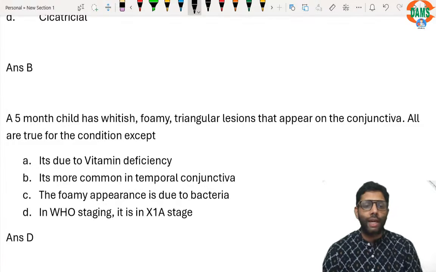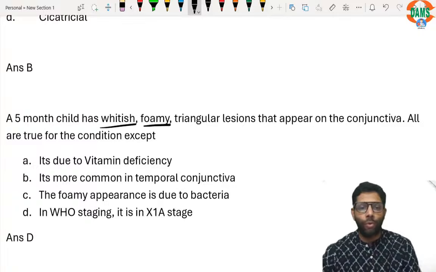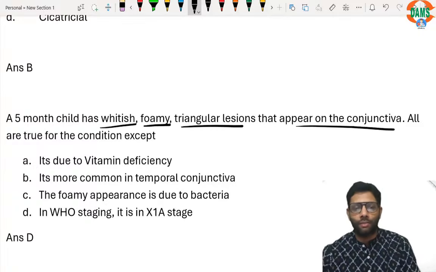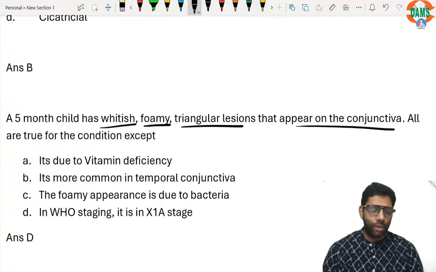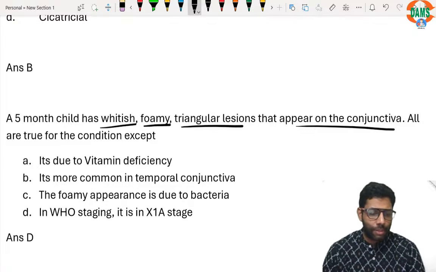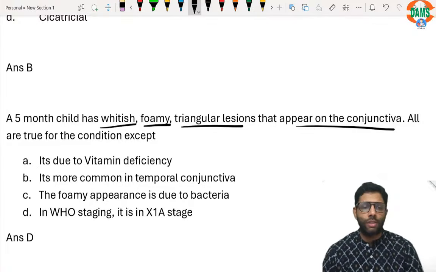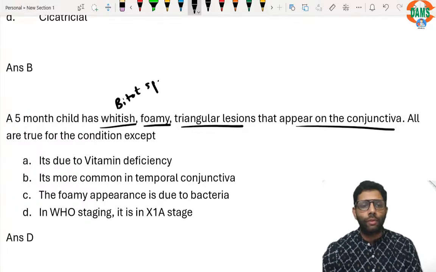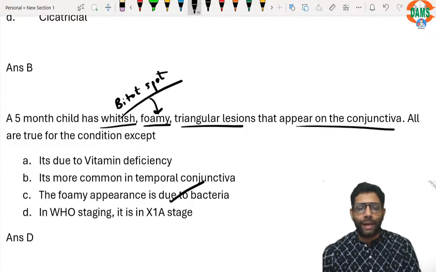Now, a 5-month-old child with a whitish foamy triangular lesion in the conjunctiva. All of the following are true except. Picture is not there, but it is a Bitot spot. Why? The Bitot spot has a foamy appearance because of a bacterium. Which bacterium? Corynebacterium xerosis.